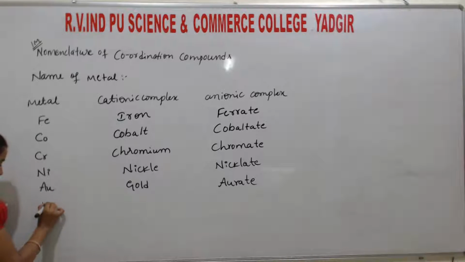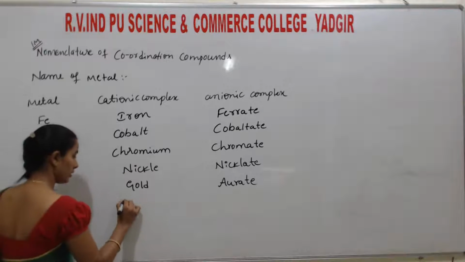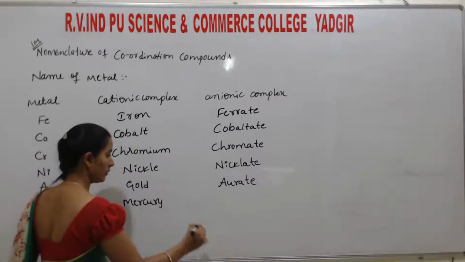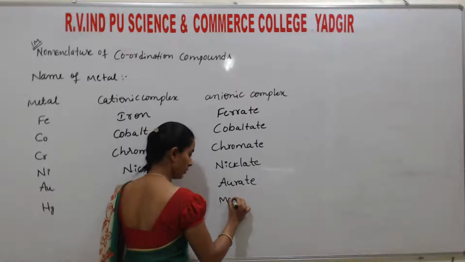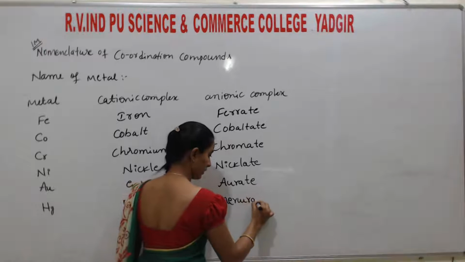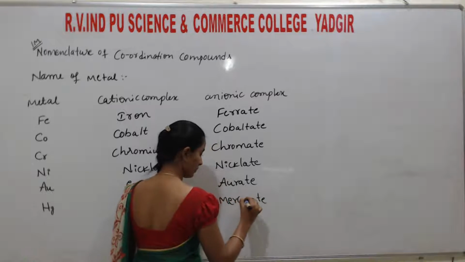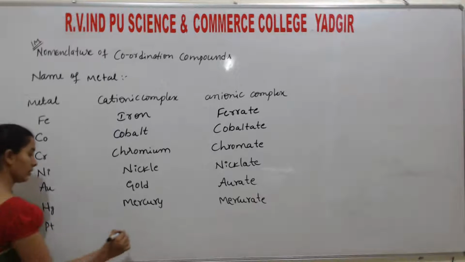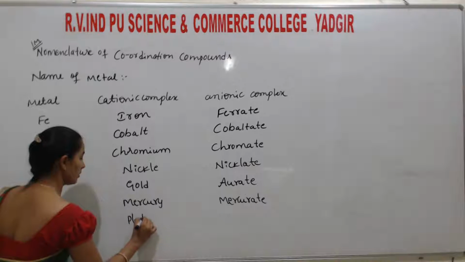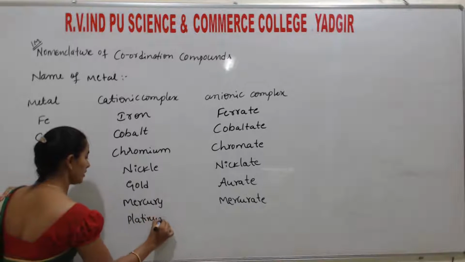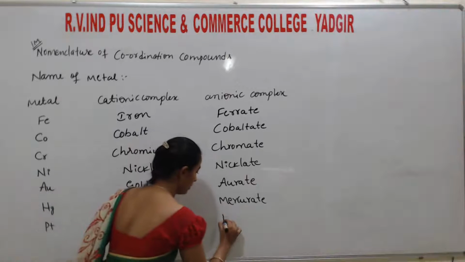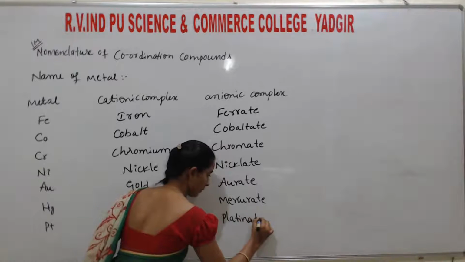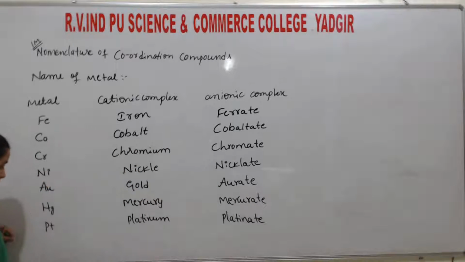If Hg is there, here it is mercury, here mercurate. Okay, so platinum is there, here platinum, here platinate.